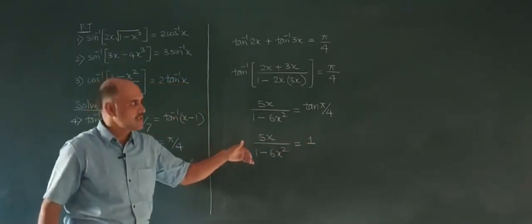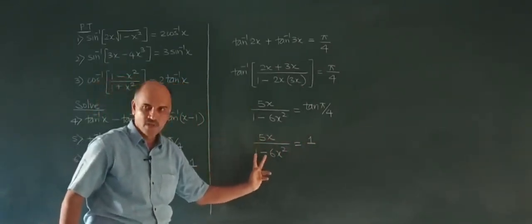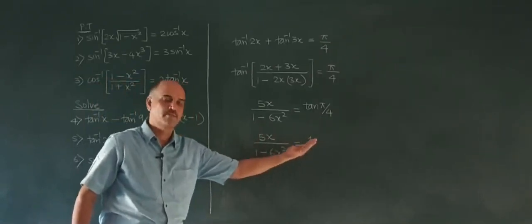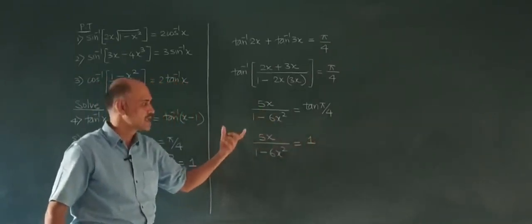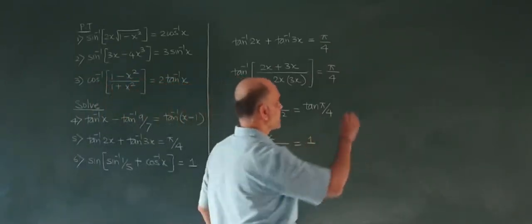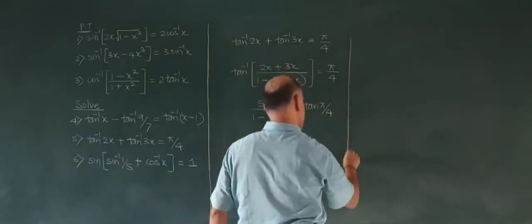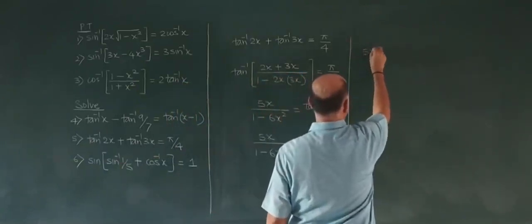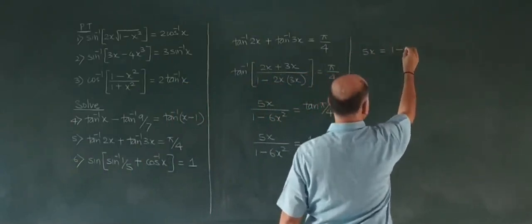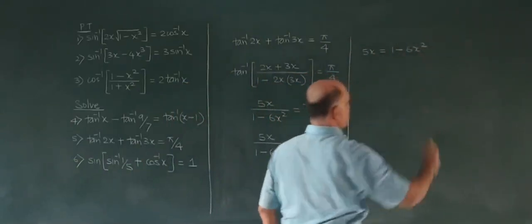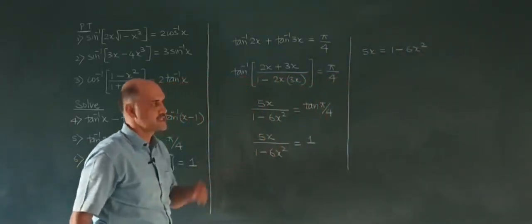Now again further, similar to the last problem, take this to the RHS, then pass all terms to the LHS, you will have a quadratic equation and again simplify that. So I will have 5x is equal to 1 minus 6x square.